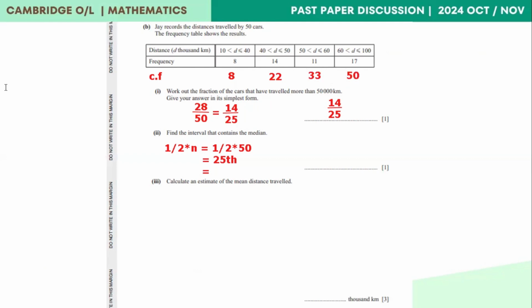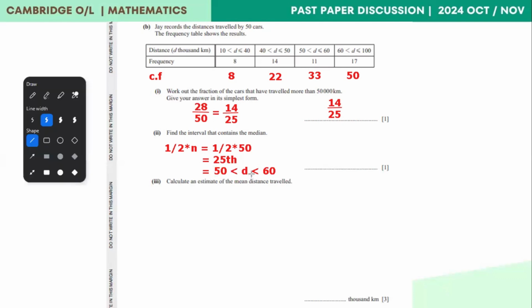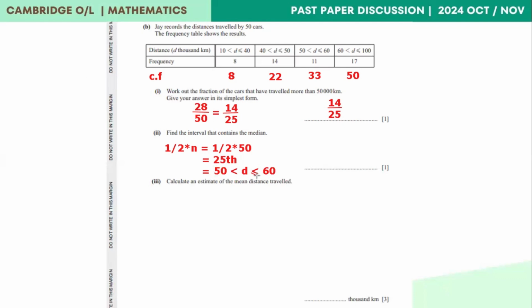So the 25th is inside the 33 range. Therefore, the interval is distance greater than 50 and less than or equal to 60. That's the final answer.